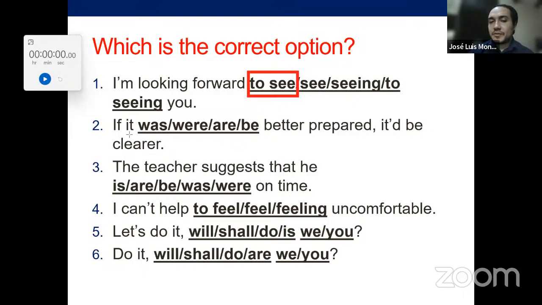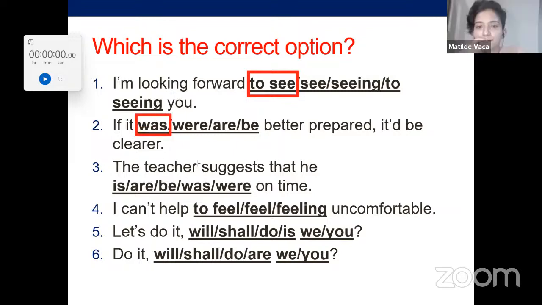What about number 2? Is it was, were, are, be? If it was. All right. Okay, good. And number 3, the teacher suggests that he is, are, be, was, were on time.